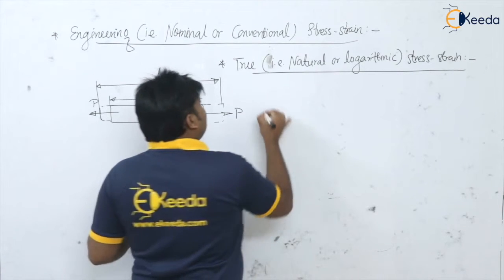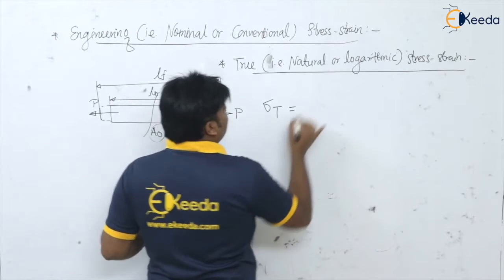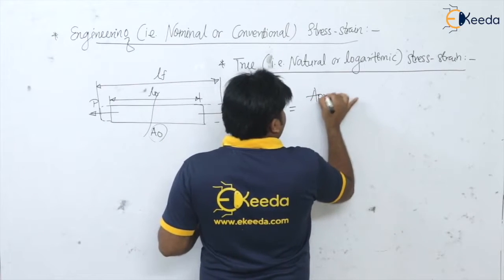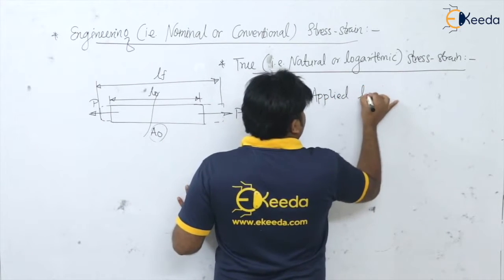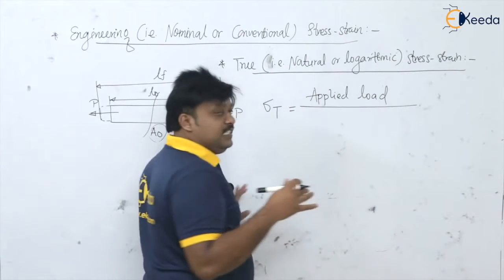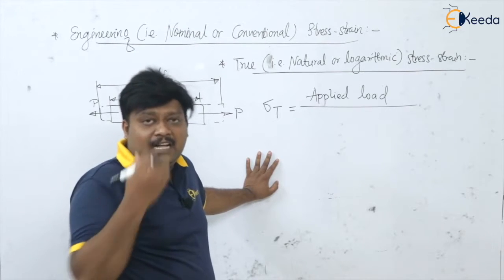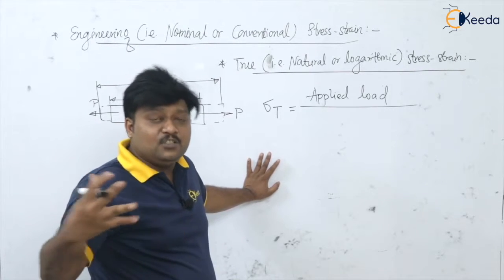If I want to define the true stress, it is equal to the applied load, and because of this load the specimen undergoes change in its length. Of course the area is going to decrease and length is going to increase.